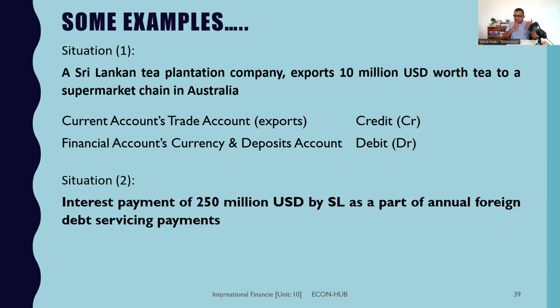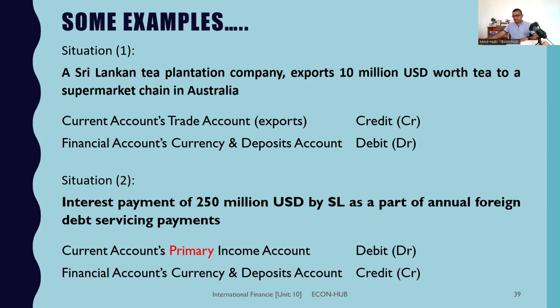When you hear interest, dividends, profits, or compensation of employees, you have to know it is connected with the current account, primary income account. This is a payment outflow. Therefore, the first entry is going to be a debit entry in the current account, primary income, and the second entry will be a credit entry, and it will go into the financial account, other investments, or currency and deposits. Are we clear?